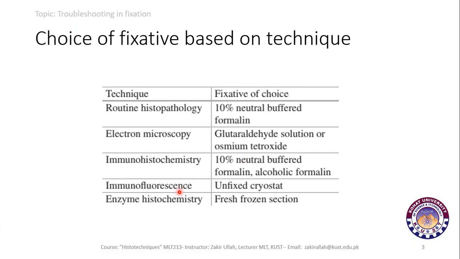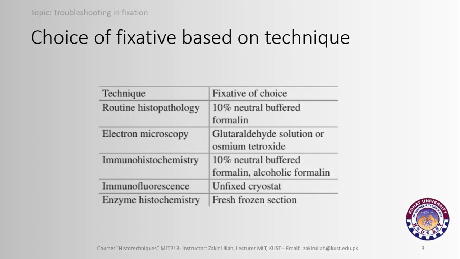For immunofluorescence, a fixative is not preferred; for that purpose the tissue is sent directly to the lab and processed in the cryostat directly. And for enzyme histochemistry, a fresh frozen section is performed. So, these are the techniques and their choice of fixatives.